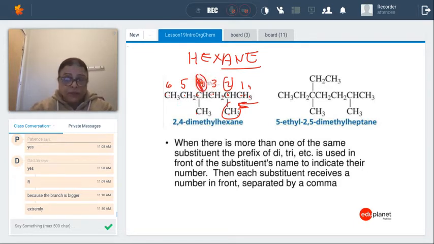So we do not count from left to right, we count from right to left. Okay, because you can see the difference. This would be 2 and 4. And if I count the other way around, it will be 3 and 5. Capiche?